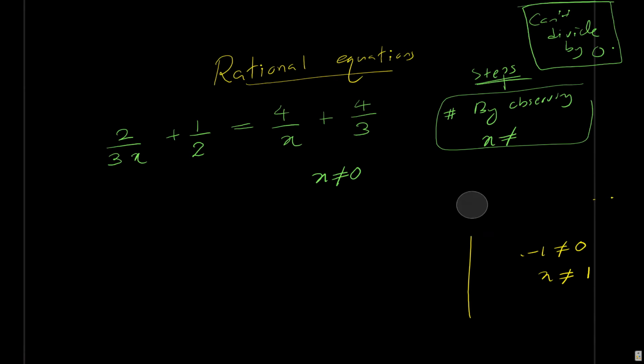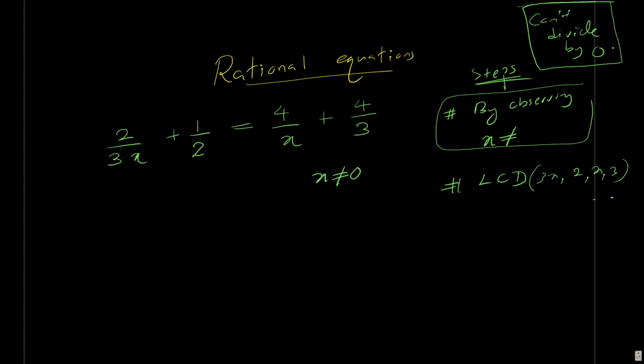Now, next step, you have to find the least common denominator. Here, the least common denominator of 3x, 2x and 3. Well, since you have 3 and 2, you must have 6. And not just 6, but we have x terms, so 6x will work.